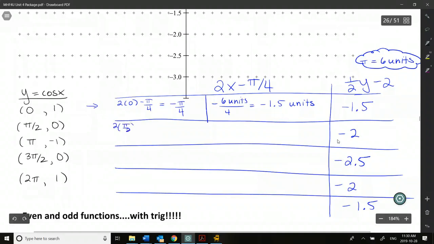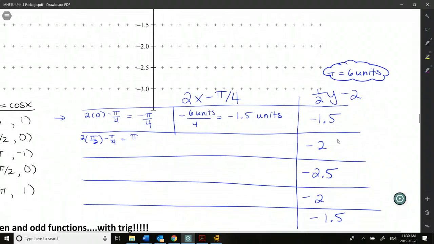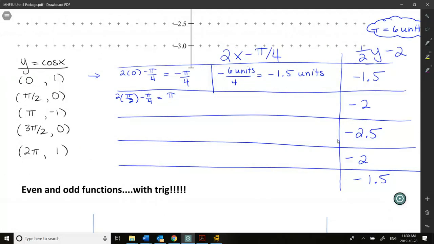2 times pi over 2 minus pi over 4. We'll get 6 units. So remember, we take a look at where pi is, how many units pi is, and then I'm subbing in that as the number of units for pi here, just so we can figure out where pi over 4 is on our graph. Okay, so pi minus pi over 4, you're going to find a common denominator.